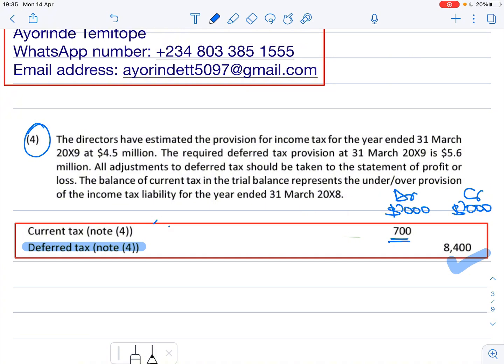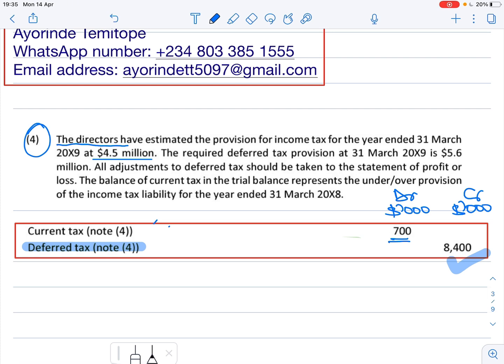We want to read now. It says the directors have estimated the provision for income tax for the year ended 31st March 20x9 at 4.5. Well, this 4.5 is not sounding deferred. It's not deferred tax.